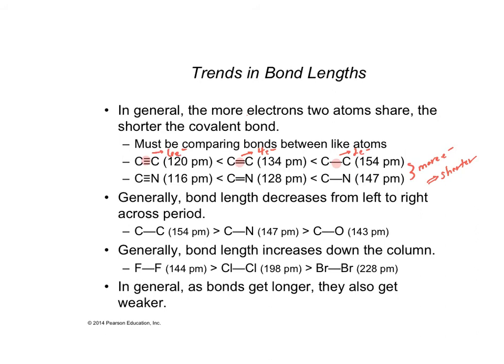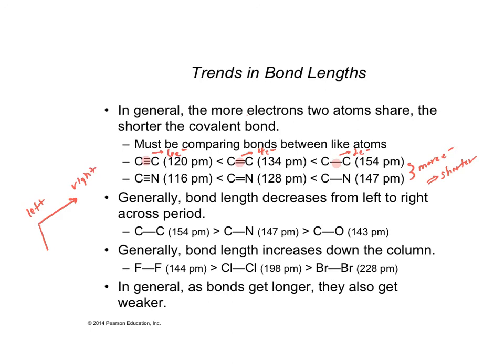This is very similar to what we saw with bond energies, okay? What we're looking at in the second trend is the bond length as a function of the size of the atoms that are binding together, making a bond. With respect to the size of atoms, we utilize our trend in atomic radius to gauge the overall size of an atom. So what happens as we move from left to right across a period, across a row, with respect to the atomic radius?